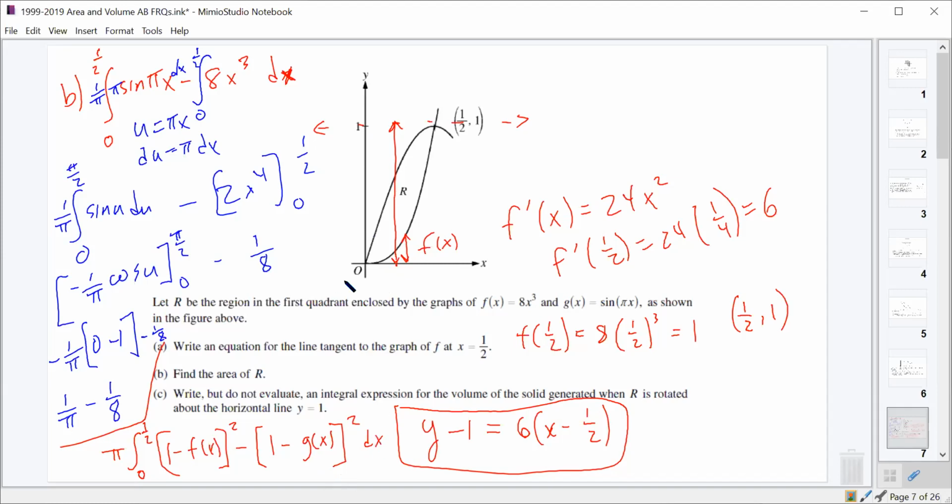Same concept, right? This height from here to here is g of x, and so the radius part of it is 1 minus g of x. Everybody good with part C? Yeah. Cool. Anybody have any other last second questions here on anything?